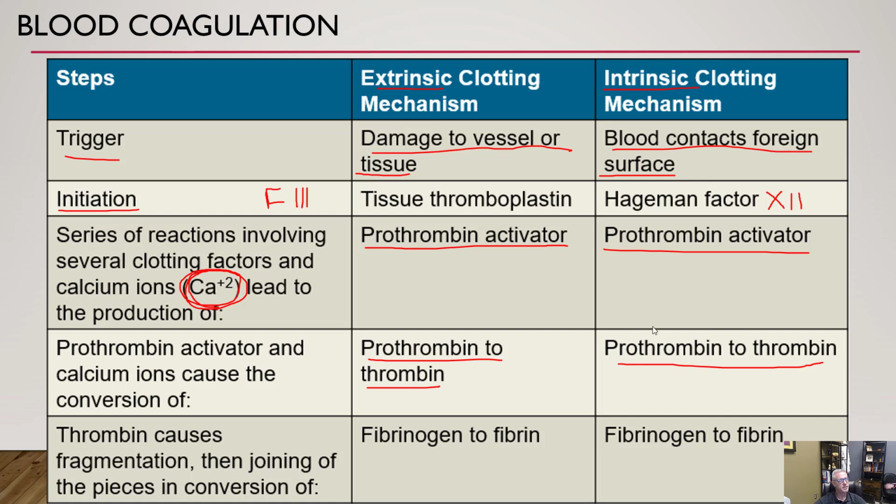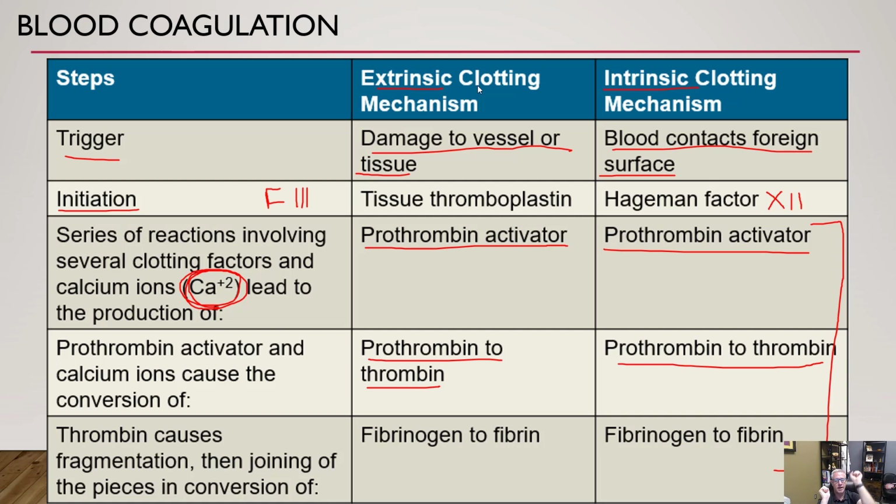And, I said there's the extrinsic, the intrinsic, and we have this final common pathway, or the common pathway. Some textbooks will have an extrinsic, an intrinsic, and then either call it the final common pathway, or they'll leave it as extrinsic and intrinsic.